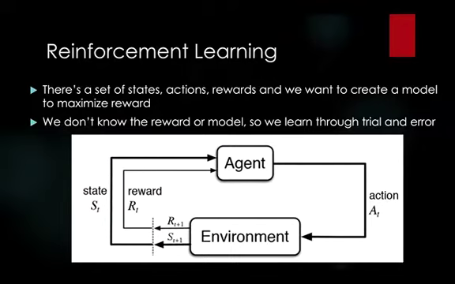For example, an example of a state would be a chessboard or a specific configuration of pieces. Or the example of a state in Tetris would be a board state. An action would simply be, I move this queen to square A5, or I move my Tetris piece one shift to the right or one shift to the left. And the reward would have to be some form of value dependent either on the game itself or some abstraction of the game.